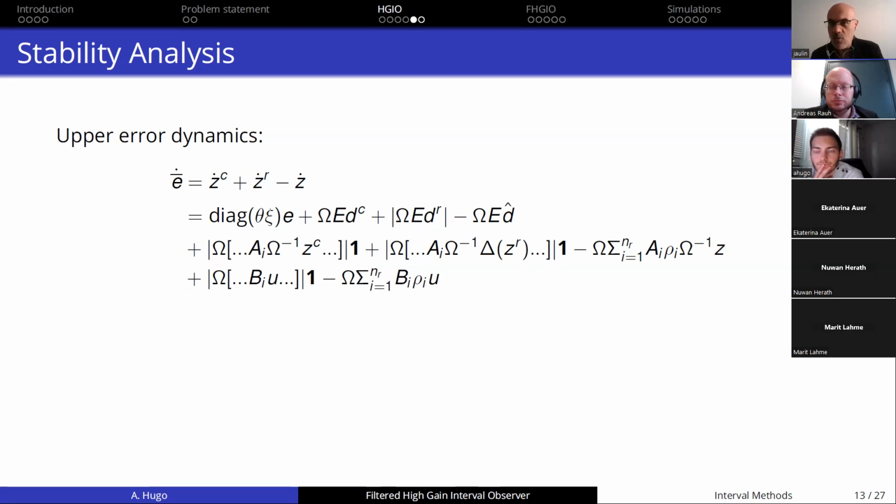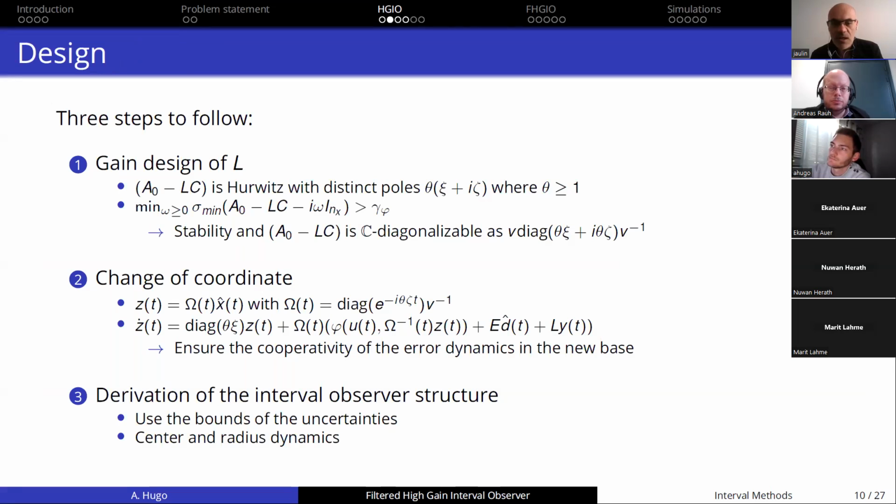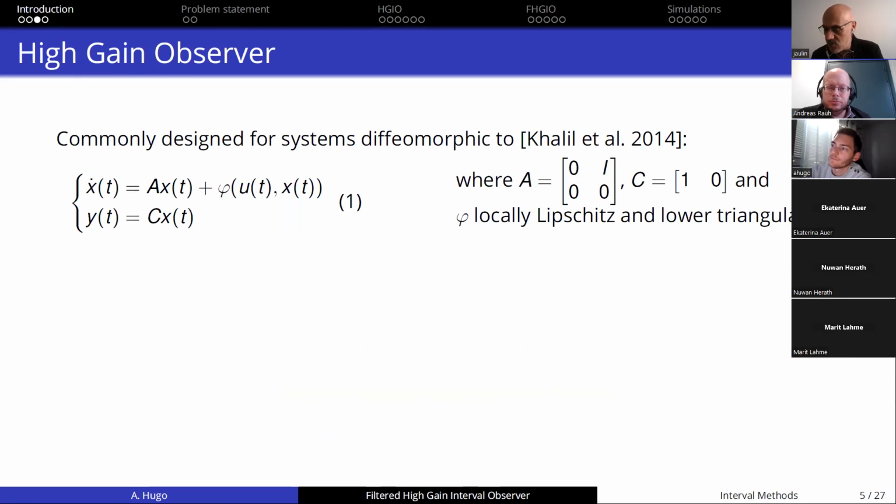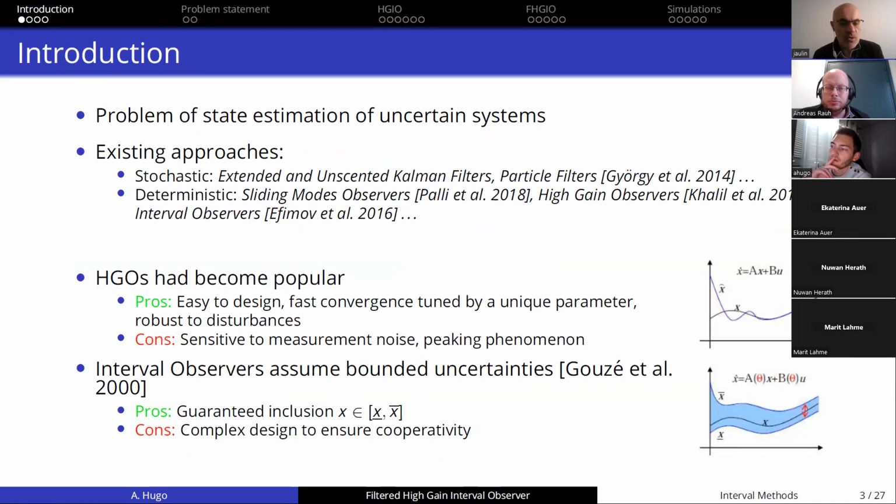So I would like to know why you say that interval approaches are limited at the beginning to cooperative systems. I think it's not a necessity, or maybe it's related to your approach. The cooperativity is not required for the system itself. It is required for the error dynamics.